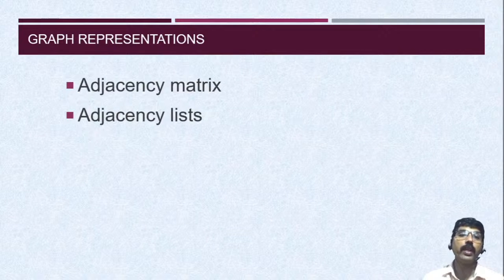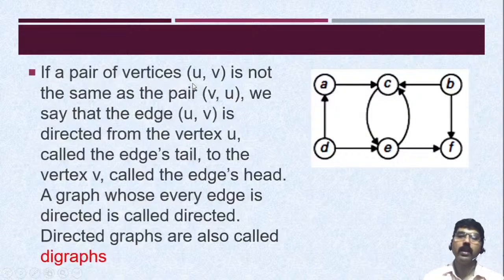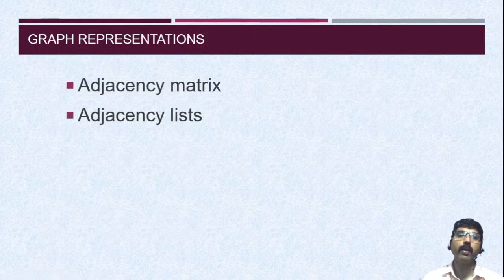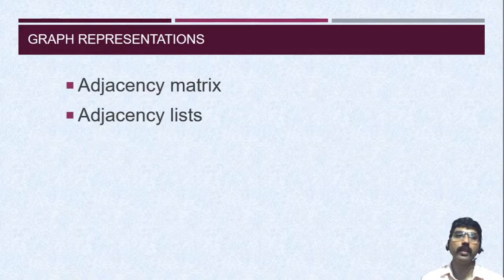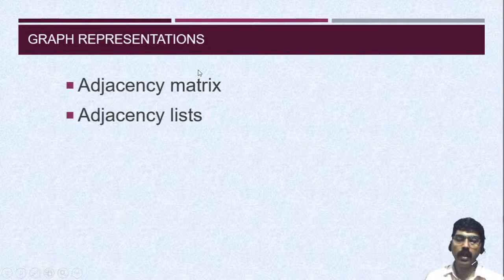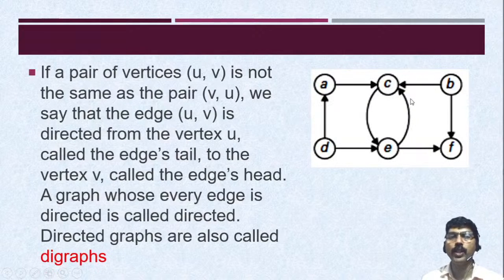Graph representations. Now, this is a pictorial representation of a graph. But when we implement a graph in a computer, we have to convert it into a particular format called graph representation, because the computer cannot understand this picture.